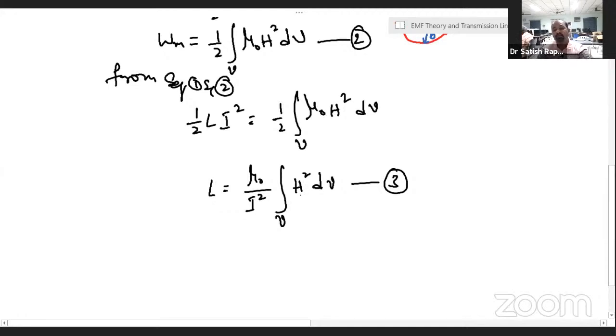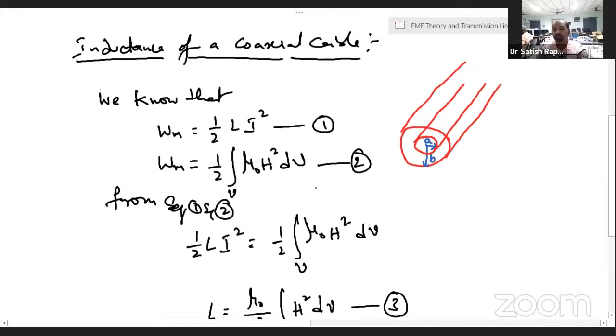So magnetic field. How to determine the magnetic field? Here, if you consider a coaxial cable, the magnetic field exists inside, that means when a is less than rho is less than b, where rho is the radius.